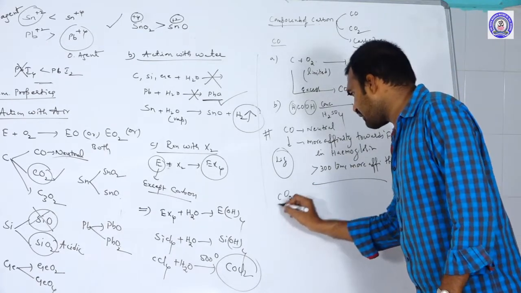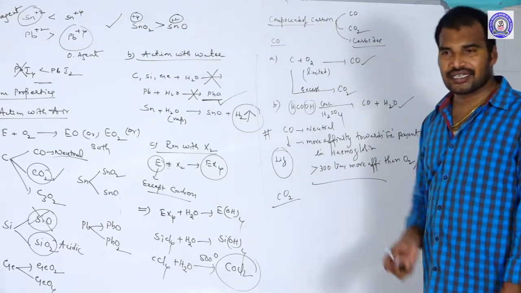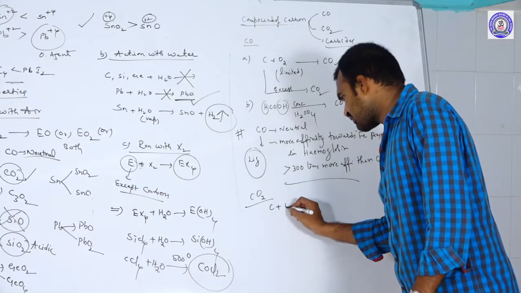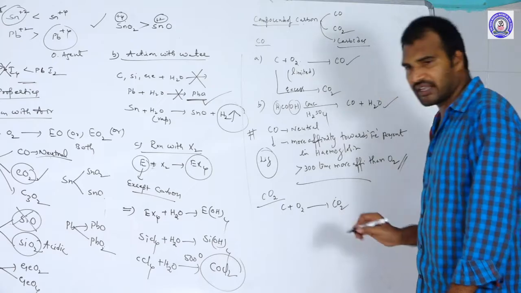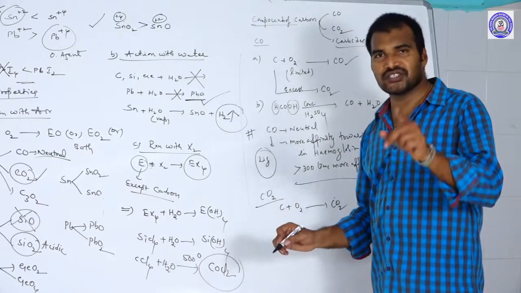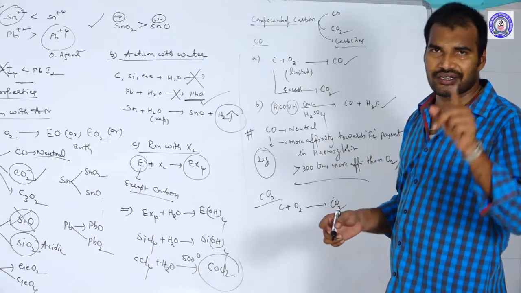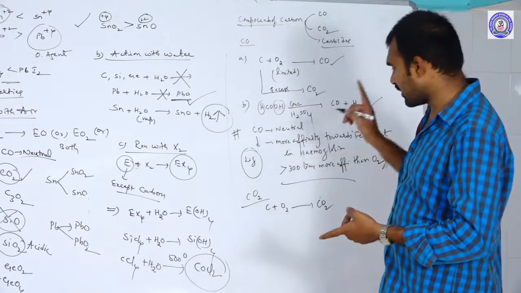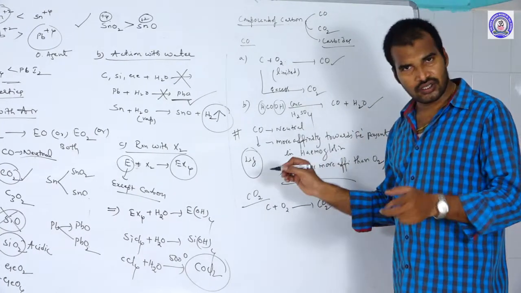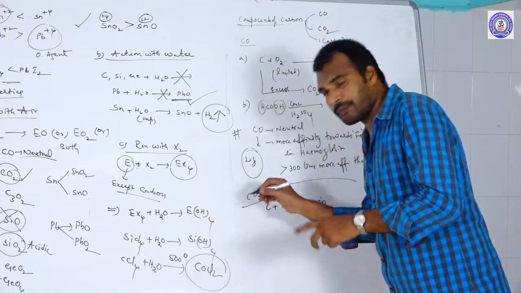Next one, carbon dioxide. We already discussed that when we supply an excess amount of oxygen to carbon, we get CO2 gas. This is the gas causing the greenhouse effect, and photosynthesis and the greenhouse effect all belong to CO2 only. How can we prepare CO2?